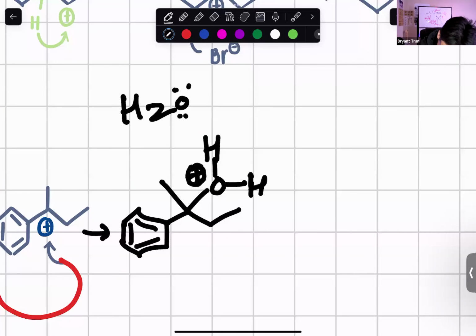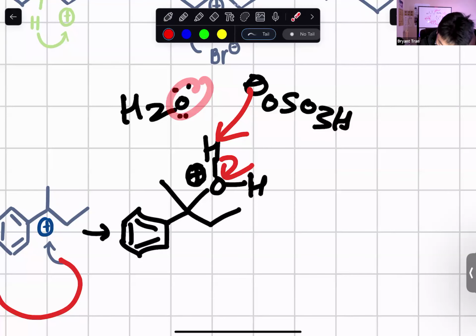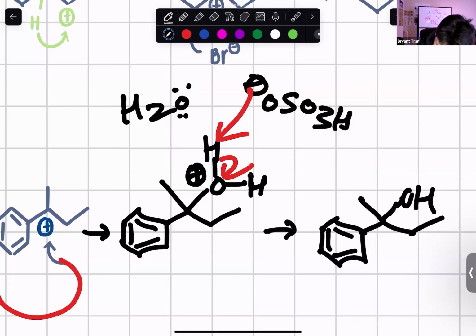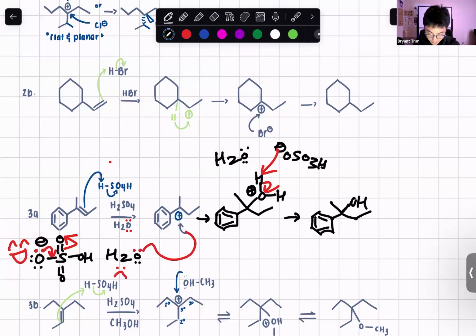You could use water as a base, or you could use HSO4 minus as the base to regenerate the acid catalyst. You could use water as well, which would deprotonate that positive charge oxygen to make it neutral alcohol like that. Yes, you got it. So that will be the final product for 3A.